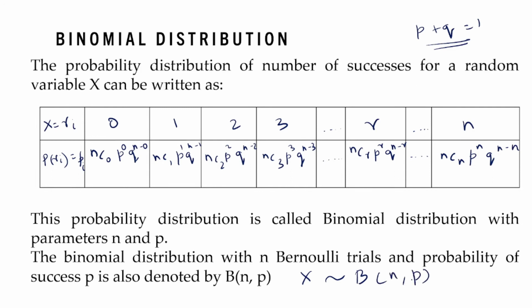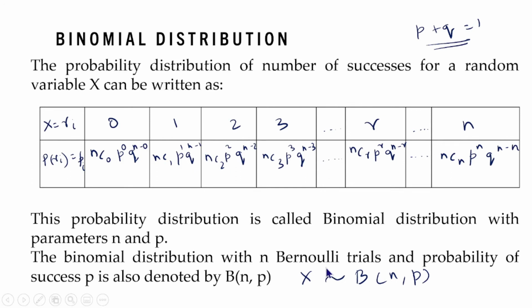This is how we denote the random variable x if it follows binomial distribution with parameters n and p, where n is the number of Bernoulli trials and p is the probability of success.